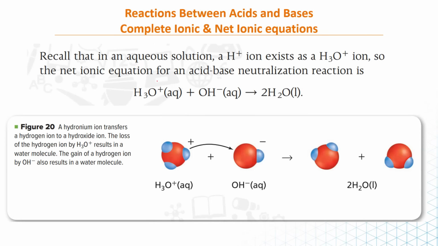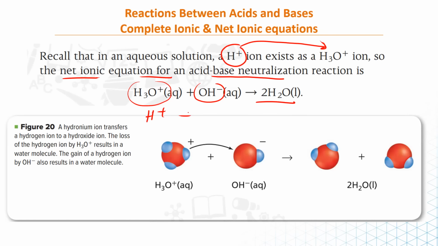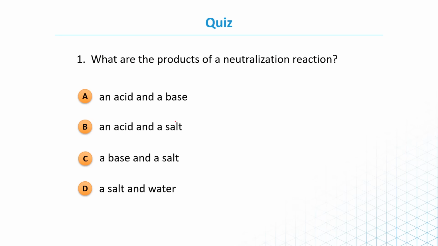And remember that sometimes we write H plus as H3O plus. So the net ionic equation for the acid-base reaction is H3O plus and OH minus gives me 2H2O, or H plus and OH minus gives me H2O. Both are correct. Okay? So what are the products of a neutralization reaction?